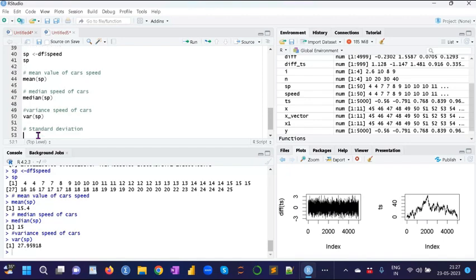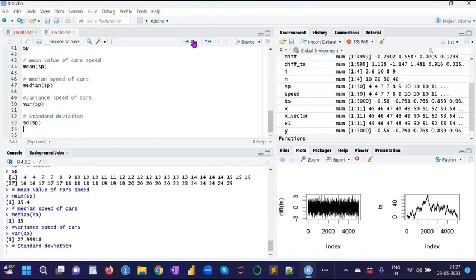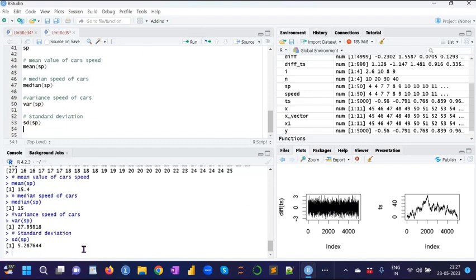Standard deviation is shown with sd, passing the speed. It is 5.28764.